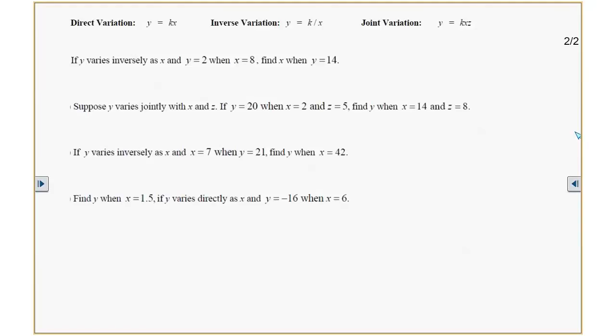Find y when x is equal to 1.5 if y varies directly as x and y is equal blah, blah, blah. Okay?